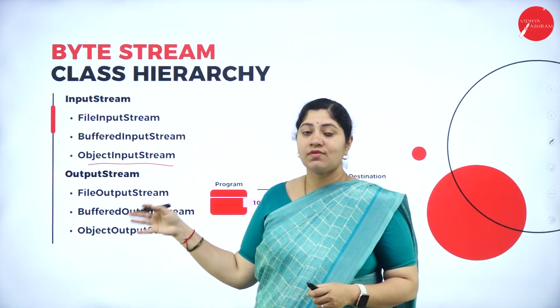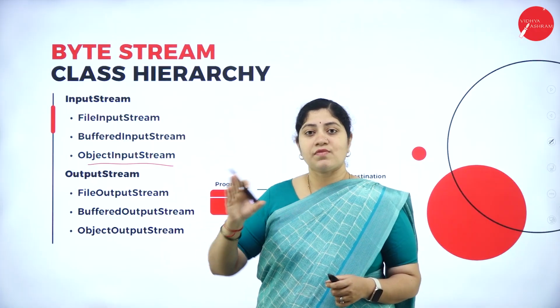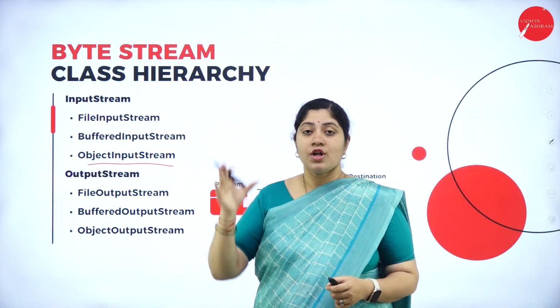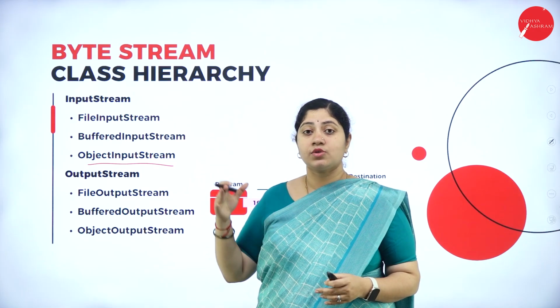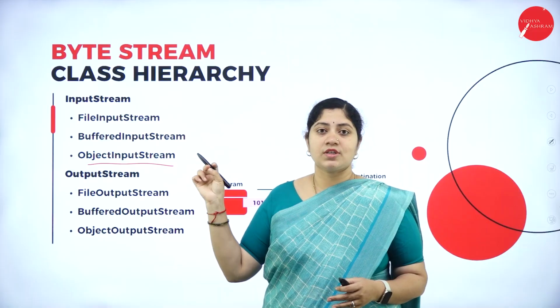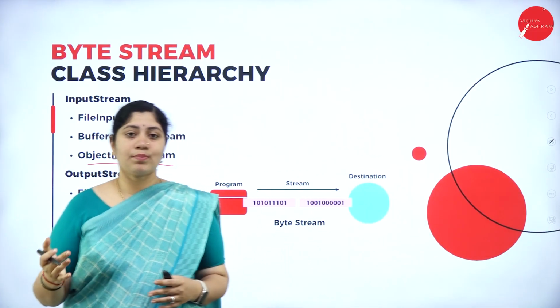It's the same thing with respect to output. Initially FileOutputStream will be considered, later BufferedOutputStream, and at last the ObjectOutputStream. So this is the hierarchy that must be followed whenever we operate on byte streams.